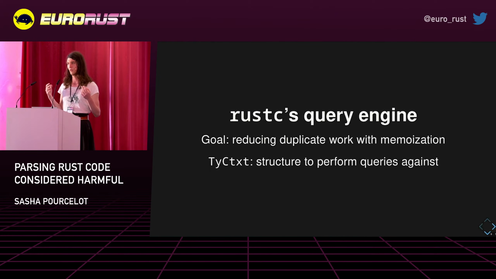This is the whole idea of this query engine. When doing static analysis, you are interacting with a struct called TyCtxt, which represents a typed context, and this is the structure you perform queries against. It has about 500 methods and counting, which is incredible.